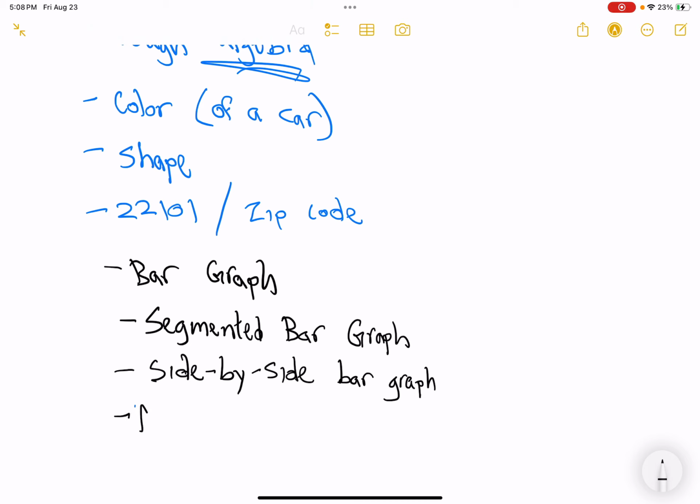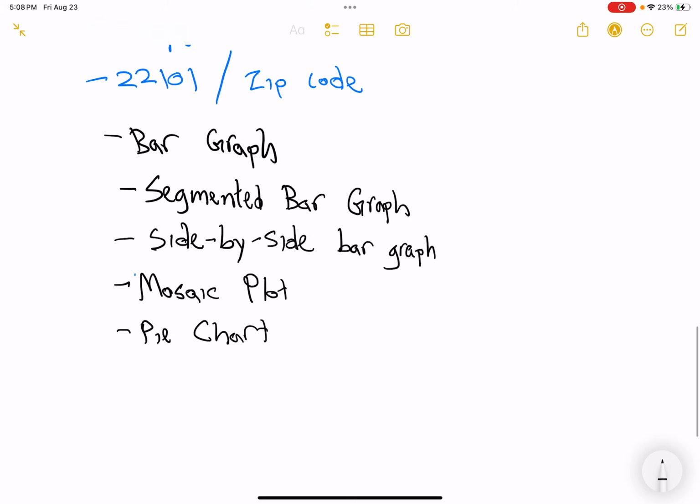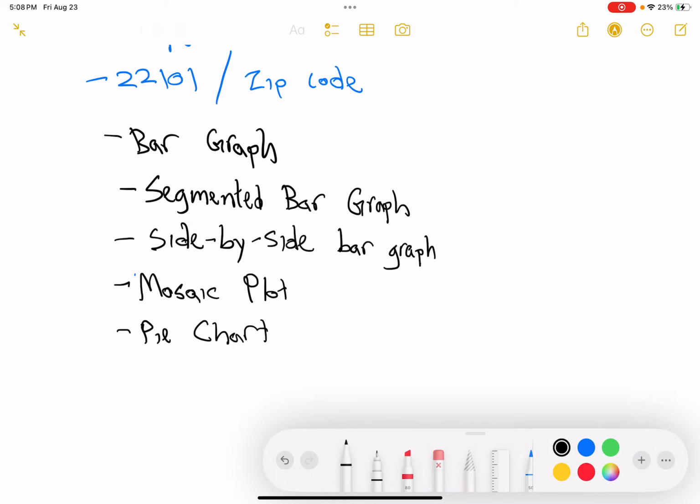A mosaic plot, and a pie chart. Okay, now really quickly, I'm going to go through each of these. You should feel fairly comfortable. You can also look these up and get more of a comfortable feel for them. But here are the big takeaways.